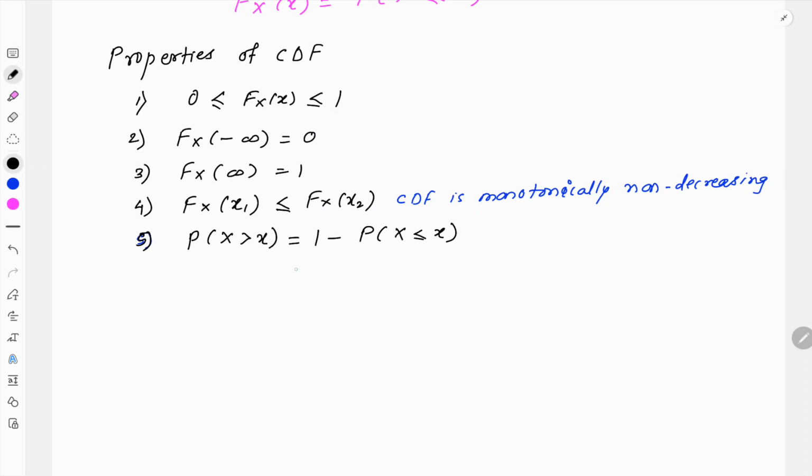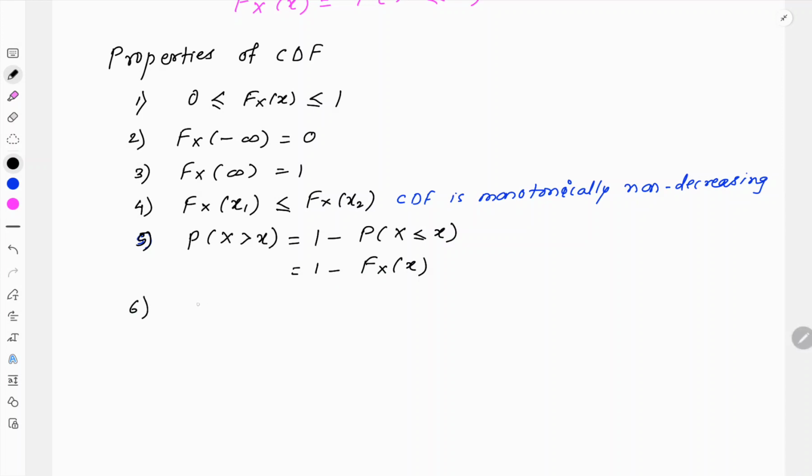So this can be denoted as 1 minus F_X(x). The CDF is nothing but the probability of random variable X less than or equal to small x. So if we subtract it from 1, we get the probability of the random variable taking values greater than small x.